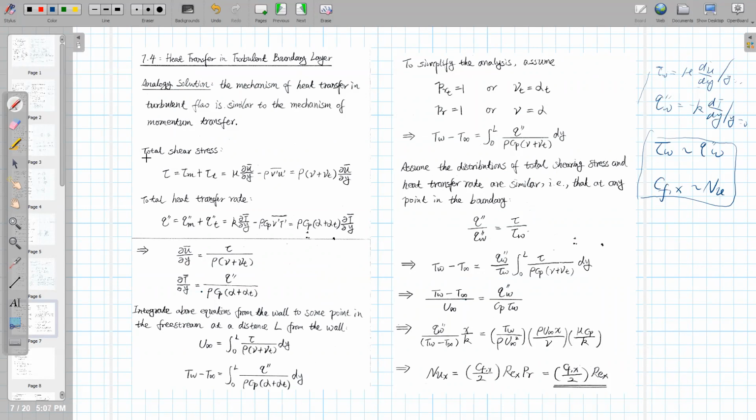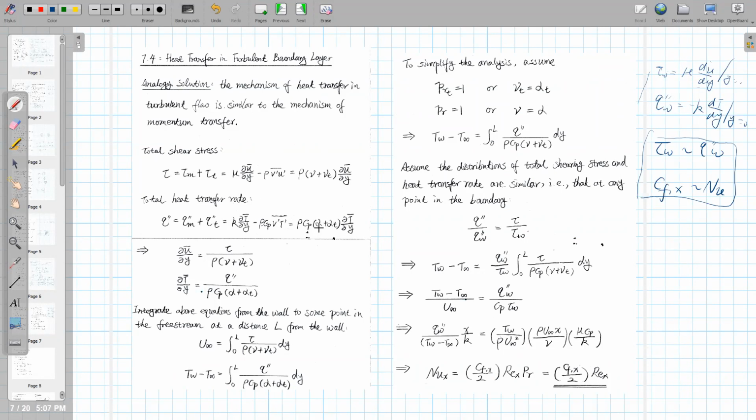Let's rewrite the shear stress. The shear stress equals rho times (mu plus mu t) partial u partial y. The shear stress has a contribution from the mean term and from the turbulent term. This mu is the mean bulk viscosity, and mu t is the eddy viscosity. Similarly for the total heat transfer rate, q'' equals rho cp (alpha plus alpha t) partial T partial y.